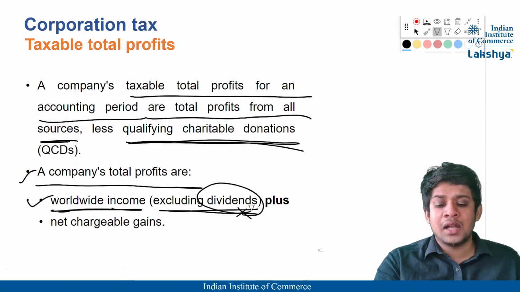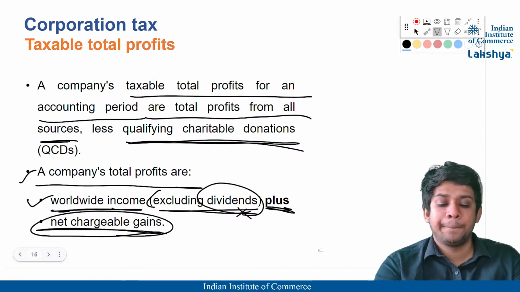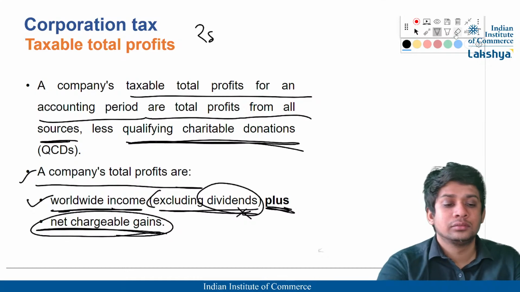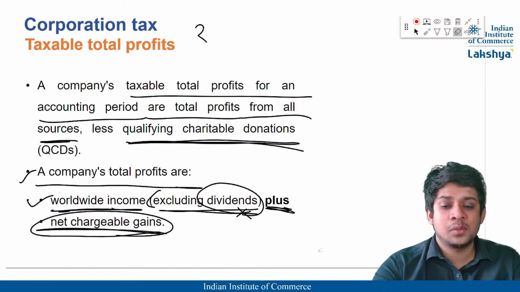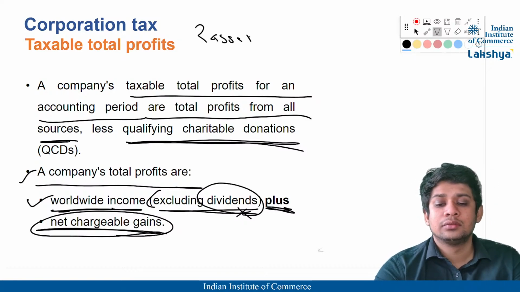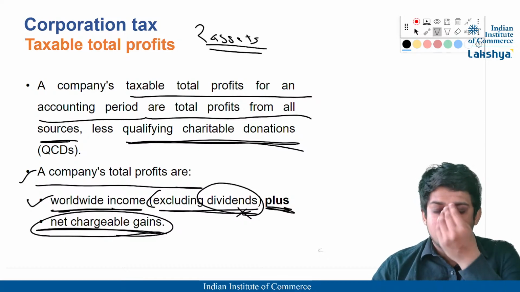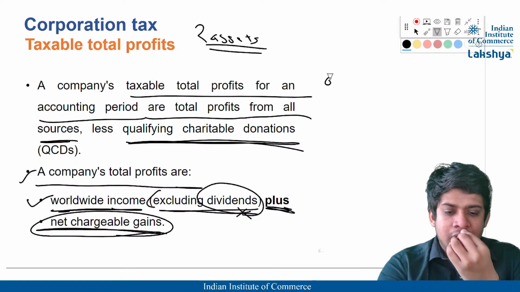So worldwide income, excluding dividends, plus their net chargeable gains. What are net chargeable gains, guys? Right now, I'll just give you a brief explanation of chargeable gains. Maybe say, in the current year, I sold two assets. One asset had a value of 60,000.